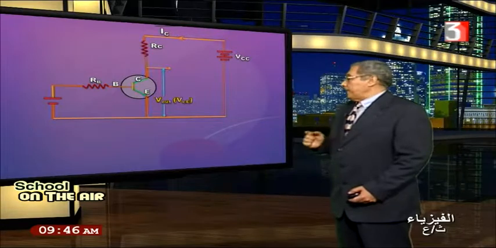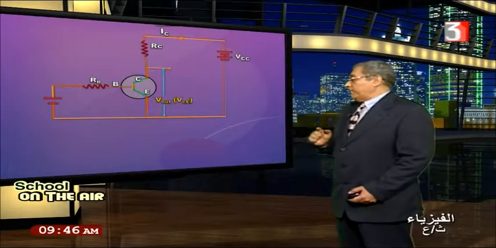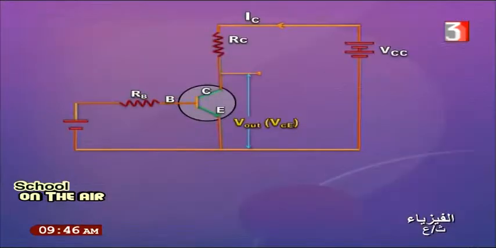Is it NPN or PNP? You can know the type of the transistor from the direction of the arrow drawn on the emitter. It is directed outwards, so we've got NPN.